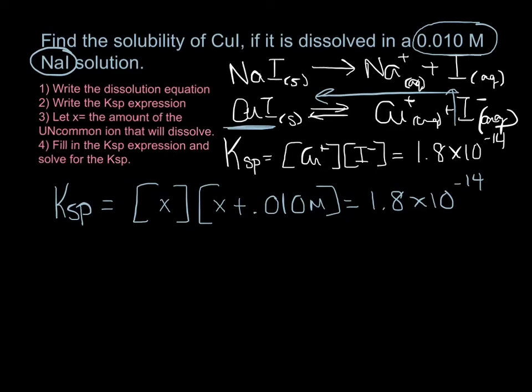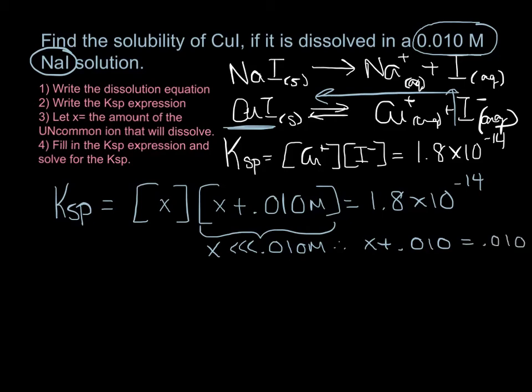Now, to make the math easier, we can say something about this bracket here. We know that X has to be really small when compared with 0.01. We can say that X is much less than 0.01 molarity. Therefore, since we're adding these, X plus 0.01 is going to just equal 0.01.